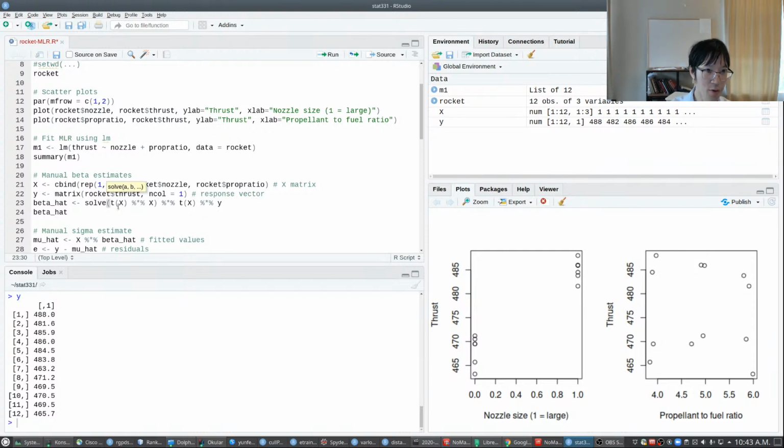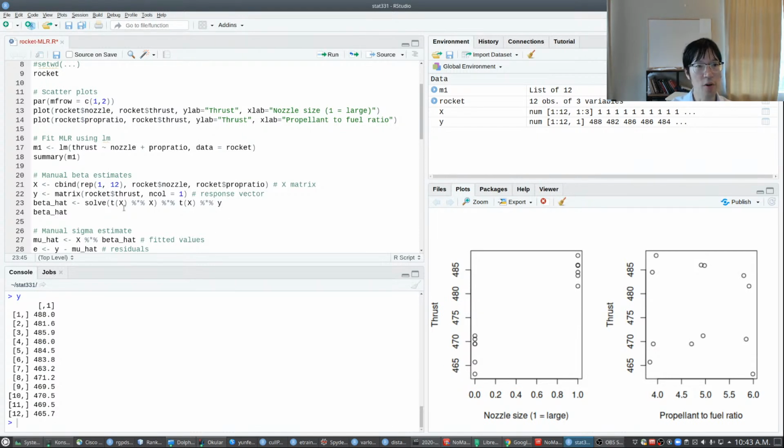To take the inverse, we can use solve. So we put that matrix inside solve, and this will give us the inverse of the matrix inside. So in other words, we can read this expression as X transpose X inverse, X transpose Y. That's exactly the form we derived for least squares estimates.